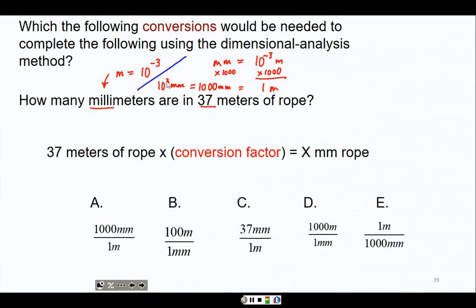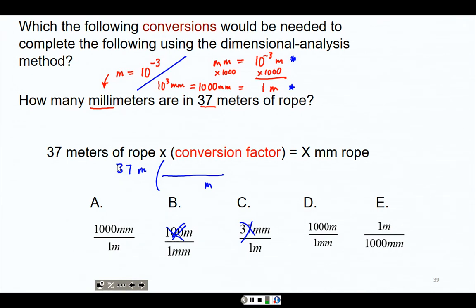So you need to check out your choices down here, A, B, C, D, E. Check them out. Let's see which ones look ridiculous, which ones look right. Well, things with 37 in them look like they're way off target. And things with 100 are off target. We're looking for something that has relationships of 1,000 in there. So which way do we want to set this up? So 37 meters, and we're going to set it up to put meters where they'll cancel. And you need to recall the equivalence that was shown here, either 10 to the minus 3 meters. Oh, they put it in the powers of 10 as 1,000 instead.